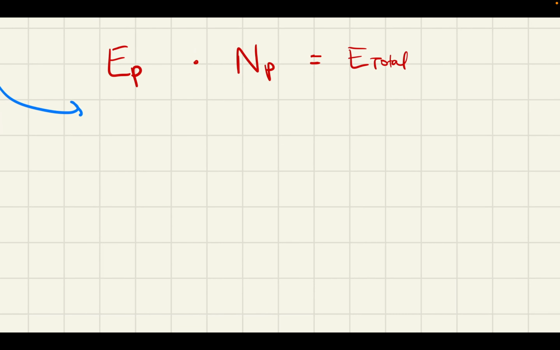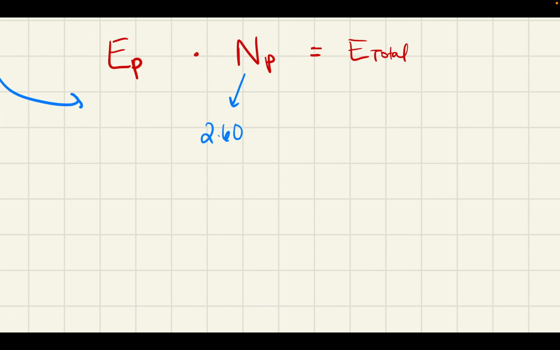So, a little bit of algebra real quick. That means I have 2.60 times Avogadro's number. So the number of photons should be 1.57 times 10 to the 24th photons.